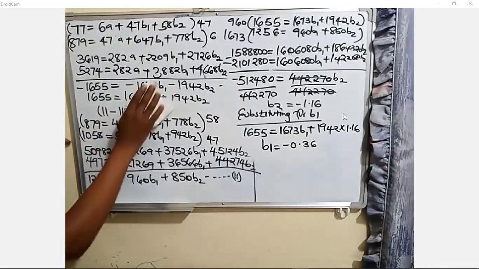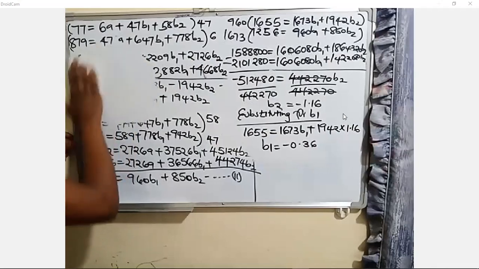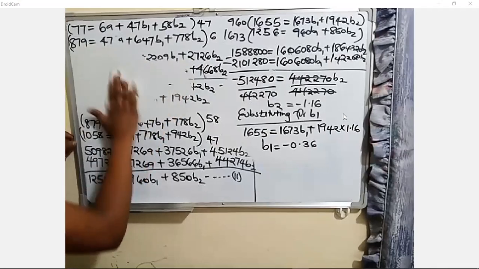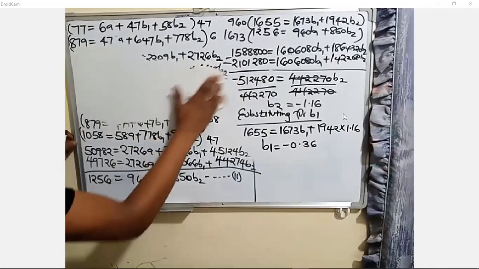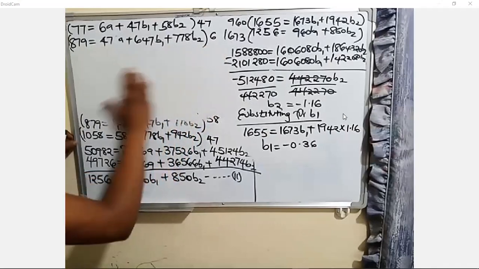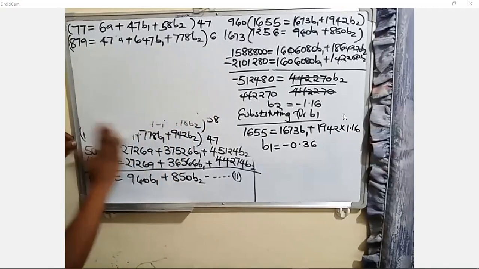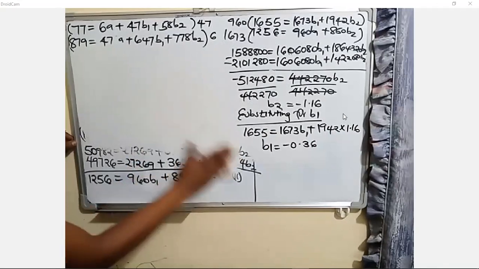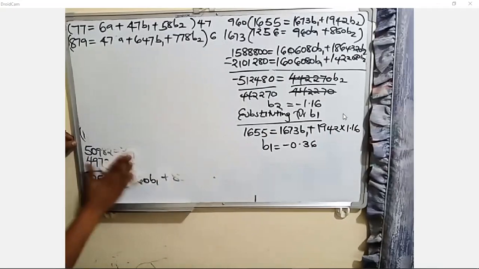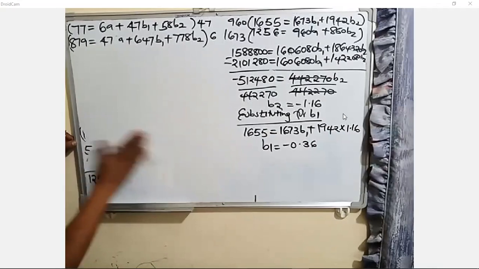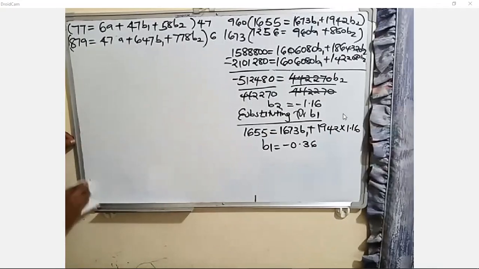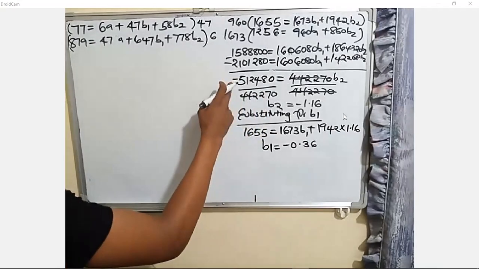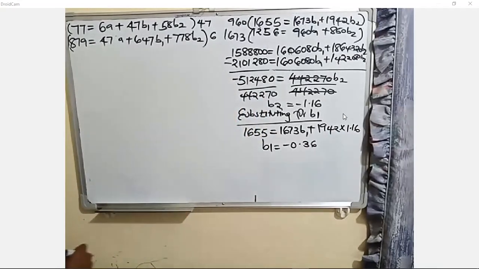Now let me do the last one, our last constant, which is A. That 1.16 was negative, so I'm getting a positive answer.